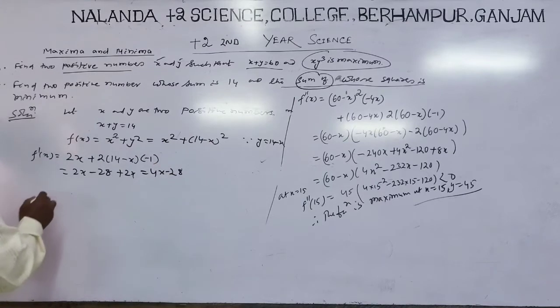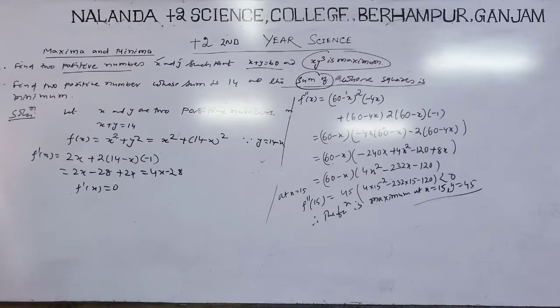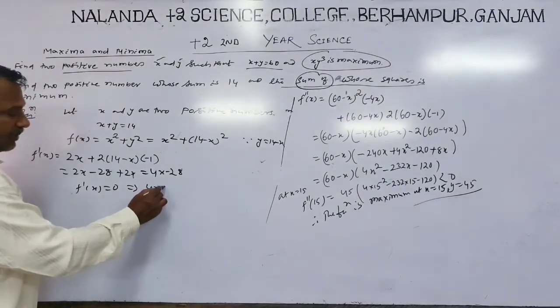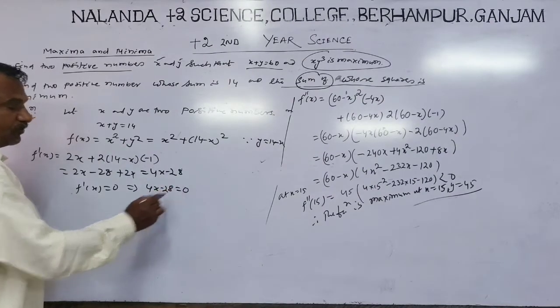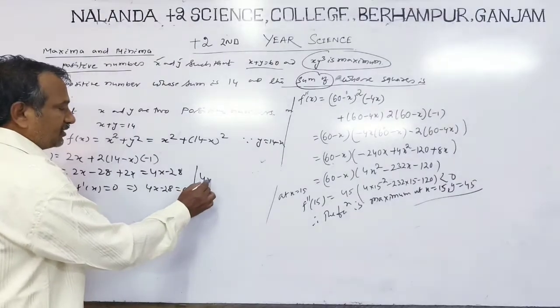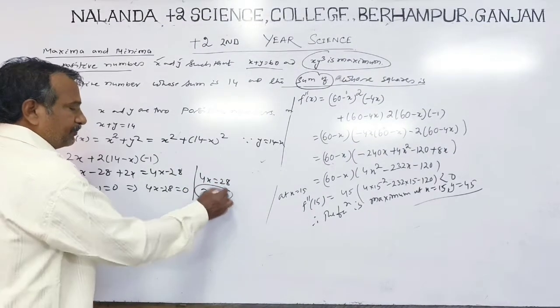Okay. When f dash x is 0, that means 4x minus 28 equal to 0. So what is the x, find out. So 4x equal to 28 and x equal to 7.